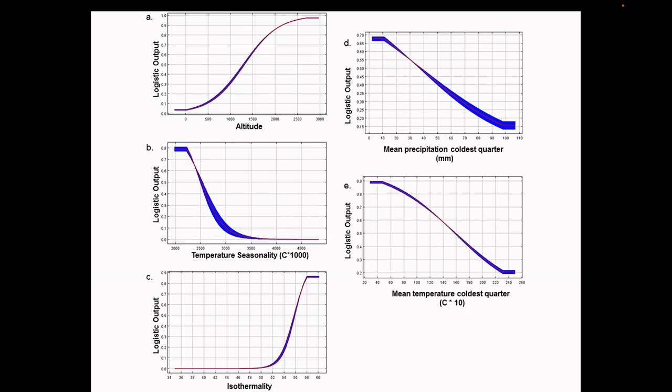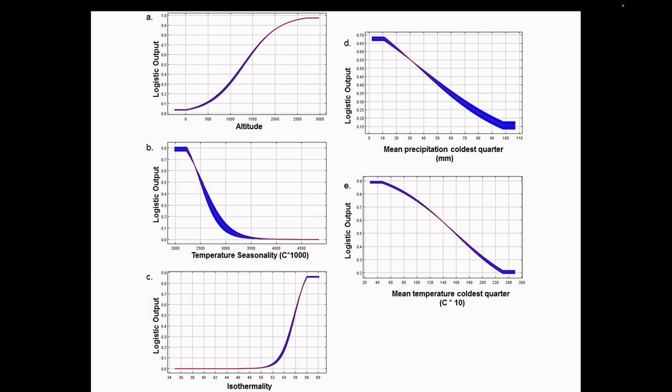And here's some examples of what those predictions look like from species distribution modeling software. And this is actually from the species distribution modeling software Maxent. Maxent uses machine learning, which can result in more complicated relationships between a particular environmental variable and species presence or absence. But in this case, the Maxent software only modeled simple logistic regression relationships.